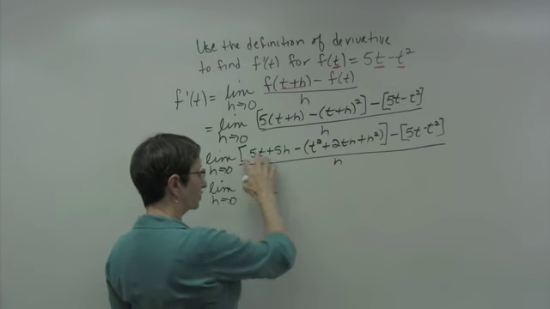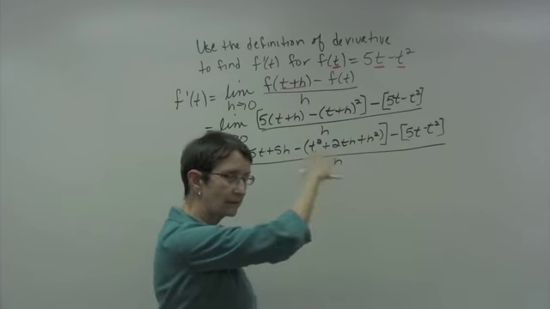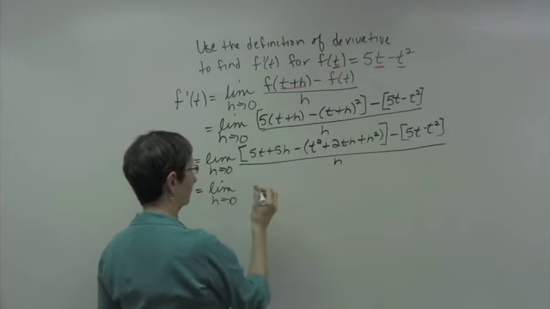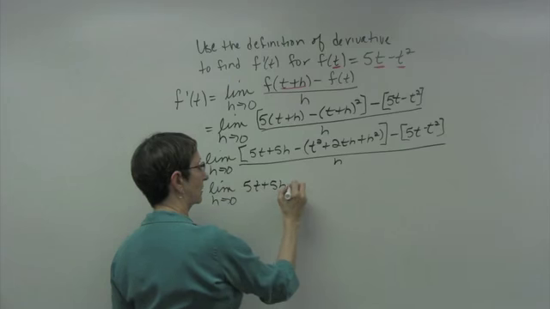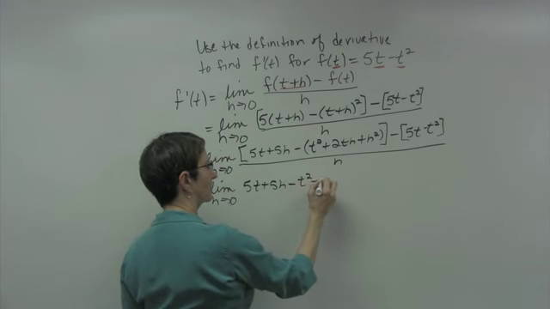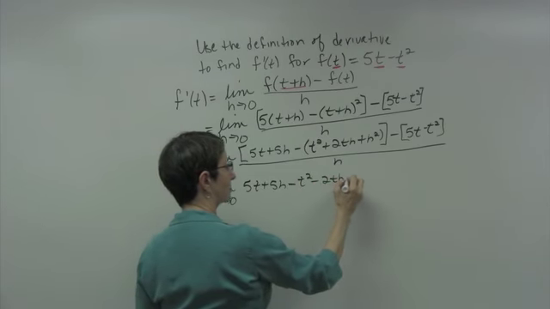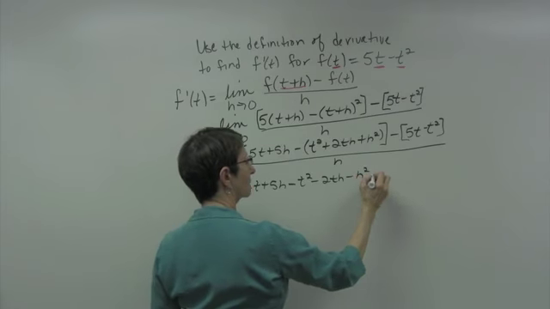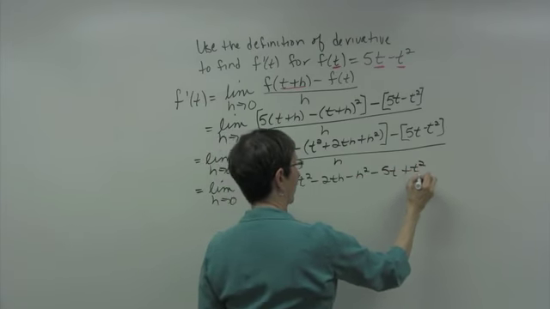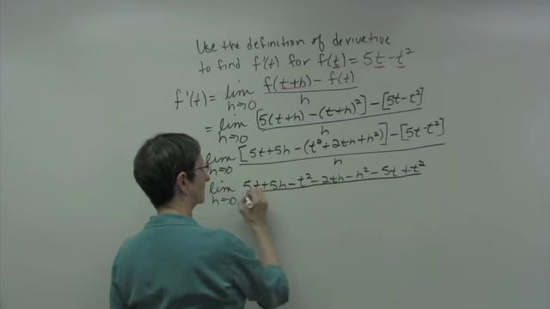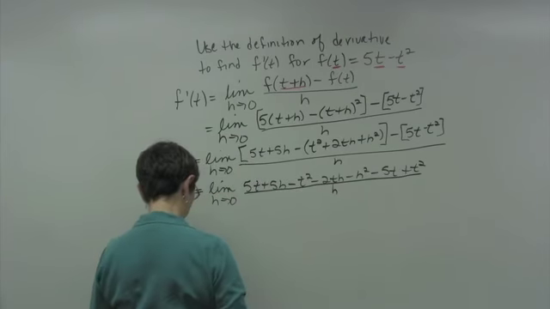I'm going to go through and remove parentheses and brackets, so I just have a whole string of things up here now. I still have the 5t plus 5h. Now it's minus t squared minus 2th minus h squared minus 5t plus t squared, and all of that is over h.